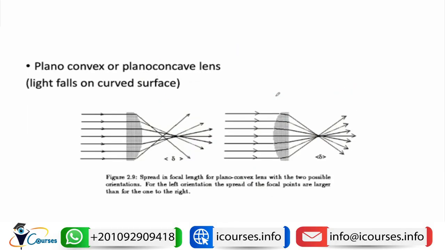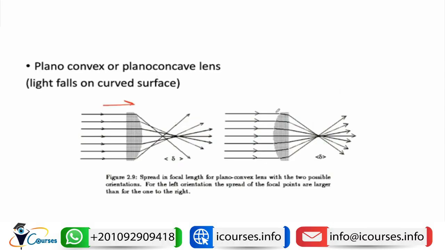Another method for decreasing the spherical aberrations is to change the orientation of the lens. Meaning that if we use the plano-convex lens and the light rays enter from the plane surface, then the light is more prone to develop spherical aberrations by focusing into different foci.